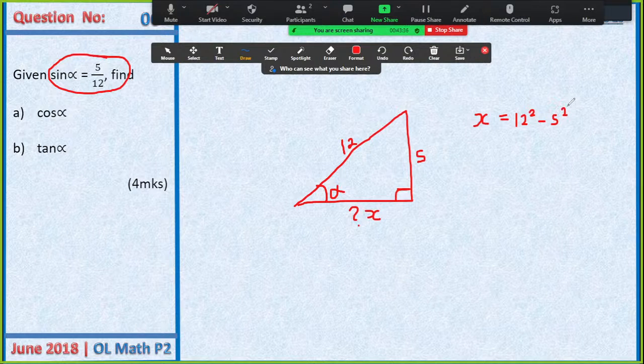That will give us 144 minus 25. So 144 minus 25 is equal to what number?